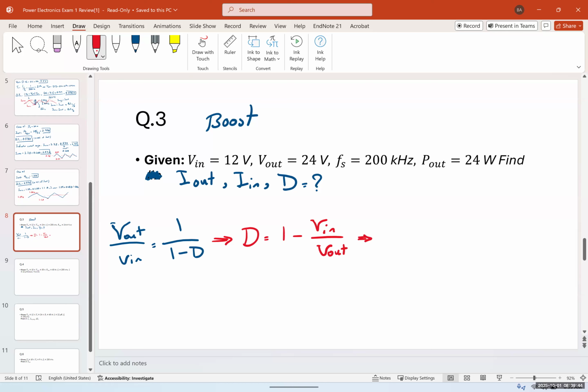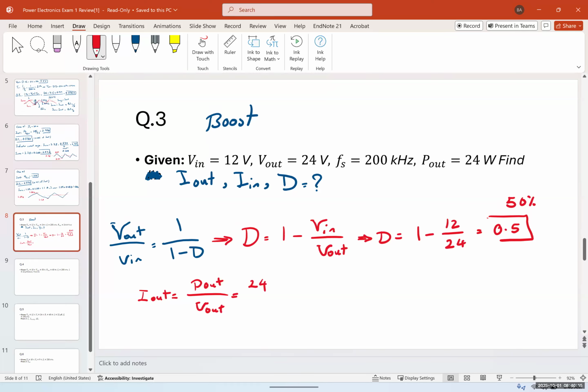Therefore, D would be equal to 1 minus V in over V out, which is 12 over 24, and we get 0.5 or 50%. Now the output current I out would be equal to the power P out over the output voltage V out, which gives us 24 over 24, which is 1 amp.